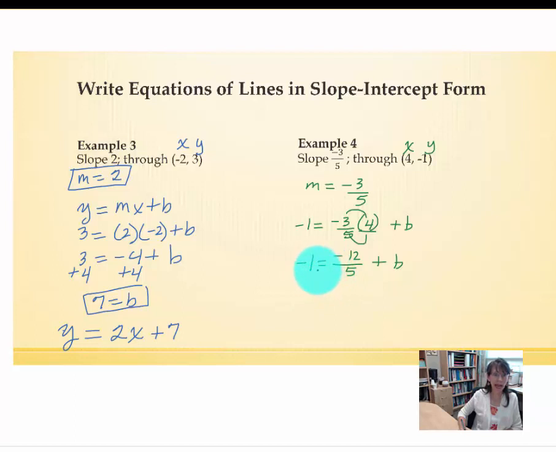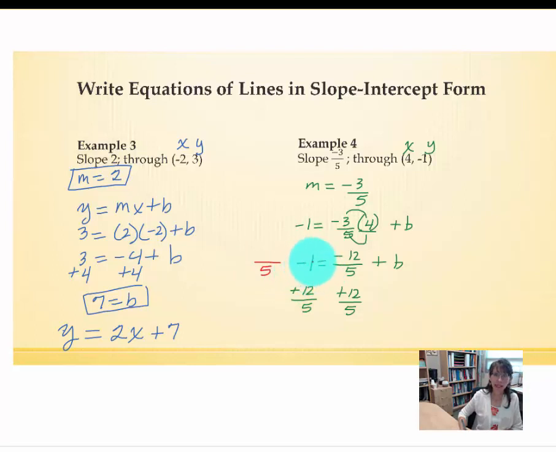We want to add 12/5 to both sides of the equation so that we can solve for b. However, when I add 12/5 to both sides, I don't have terms that have a common denominator. So we need to think of another way to write -1 so that its equivalent fraction will have 5 in the denominator.